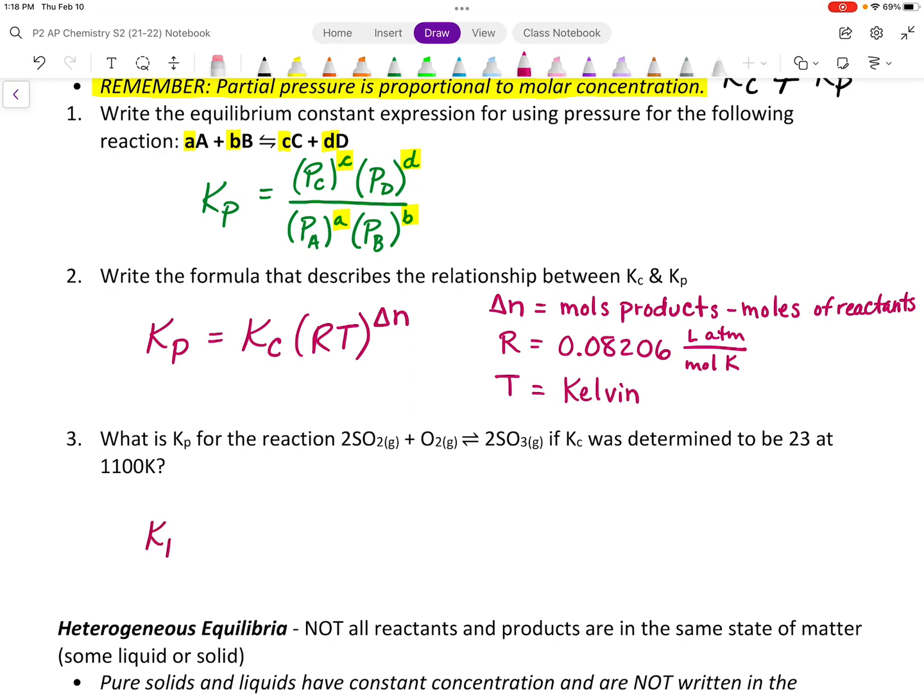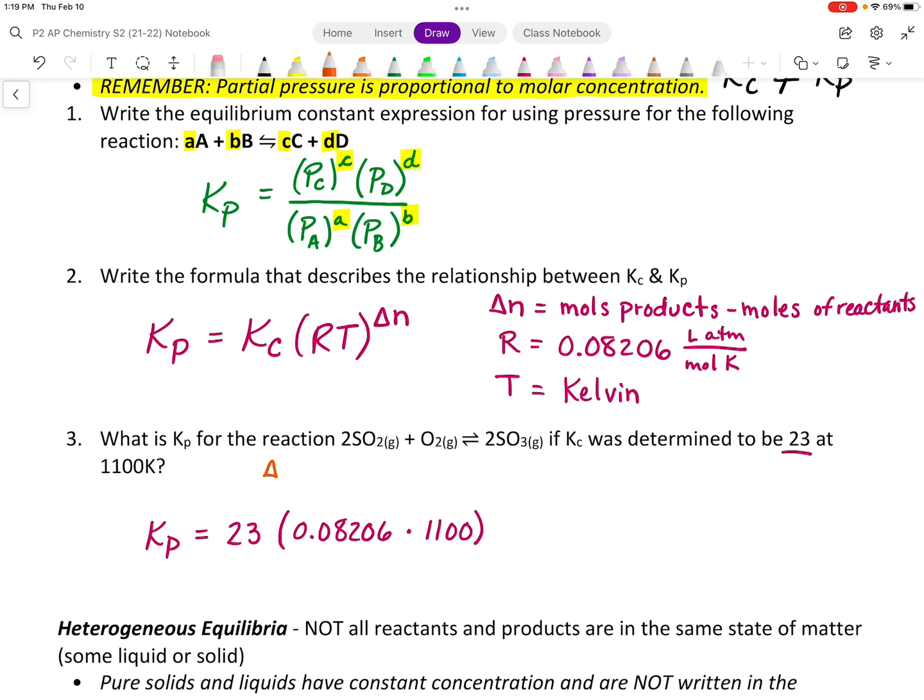So Kp is equal to 23 for our Kc value times RT, times our temperature, raised to the power of delta n. So we need to determine delta n.